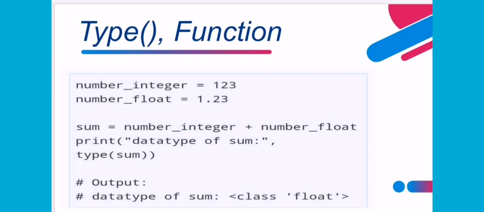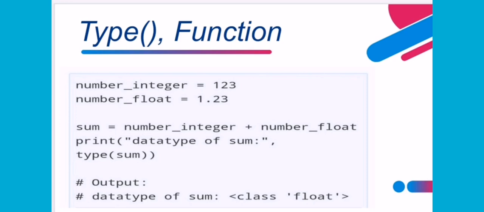In this example, we see the type of sum is float, because when we add one integer value and one float value, it simply gives the result as a float value. That's why we can see the output is float type.